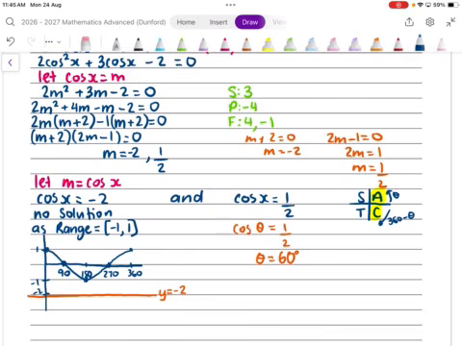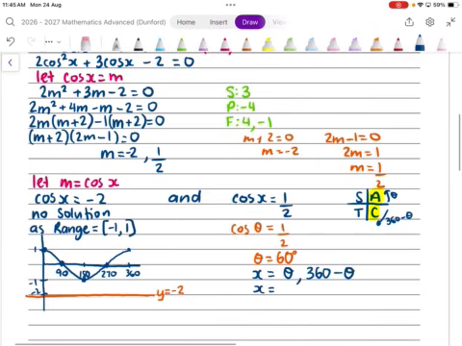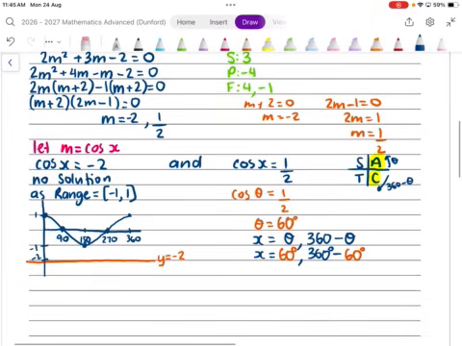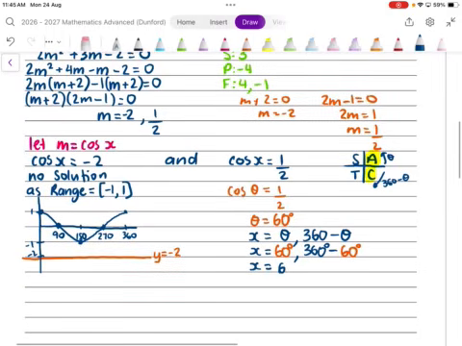So that means x is equal to theta and 360 minus theta. So x will equal 60 degrees and 360 degrees minus 60 degrees. So we'll get x equals 60 degrees and 300 degrees.